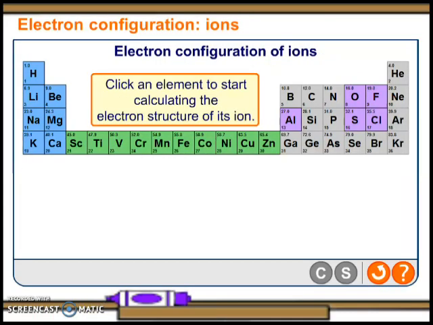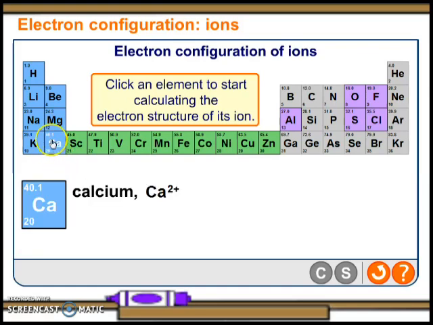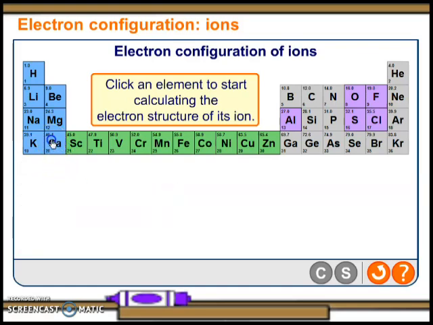Let's have another example. The electronic configuration of cations is assigned by removing electrons first in the outermost p orbital, followed by the s orbital, and finally the d orbitals, if any more electrons need to be removed. For instance, the ground state electronic configuration of calcium is 1s2, 2s2, 2p6, 3s2, 3p6, 4s2.